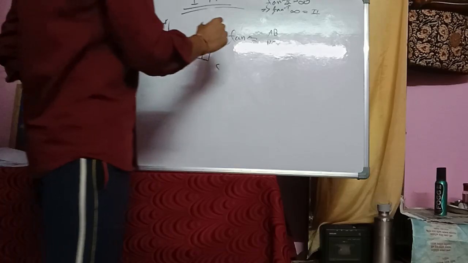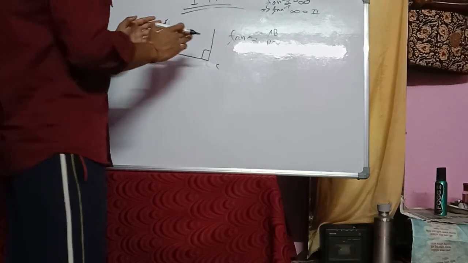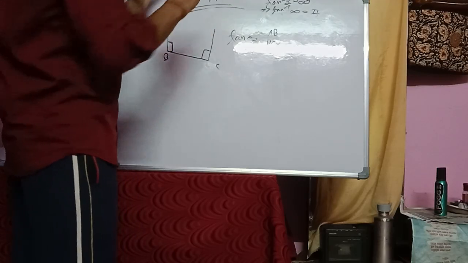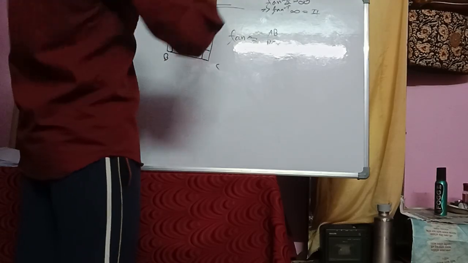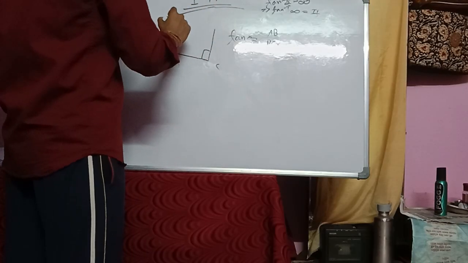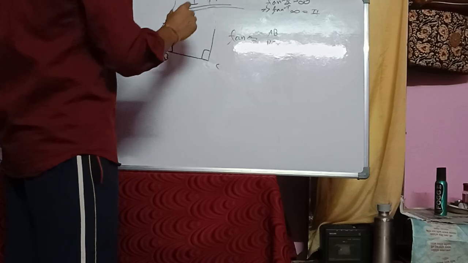Okay, so we can say that if two lines are parallel to each other and they go on like that until infinity, they intersect with each other. So let's say there is a point where they meet, and the point is infinity.